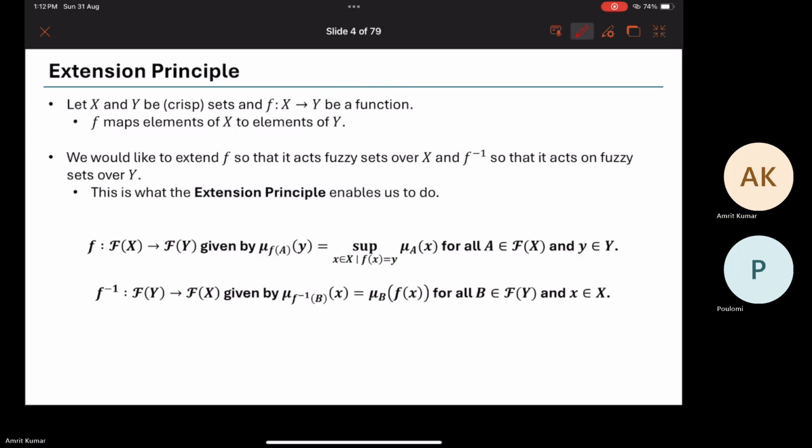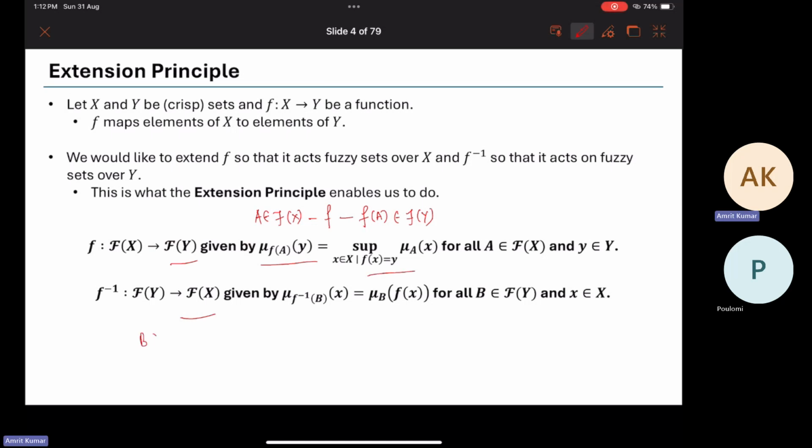And this is how the functions f and f inverse are extended. Given a fuzzy set A over x, you apply f to it, and you end up getting a fuzzy set f of A, which is a fuzzy set over y. And this is how the membership of f of A is given.